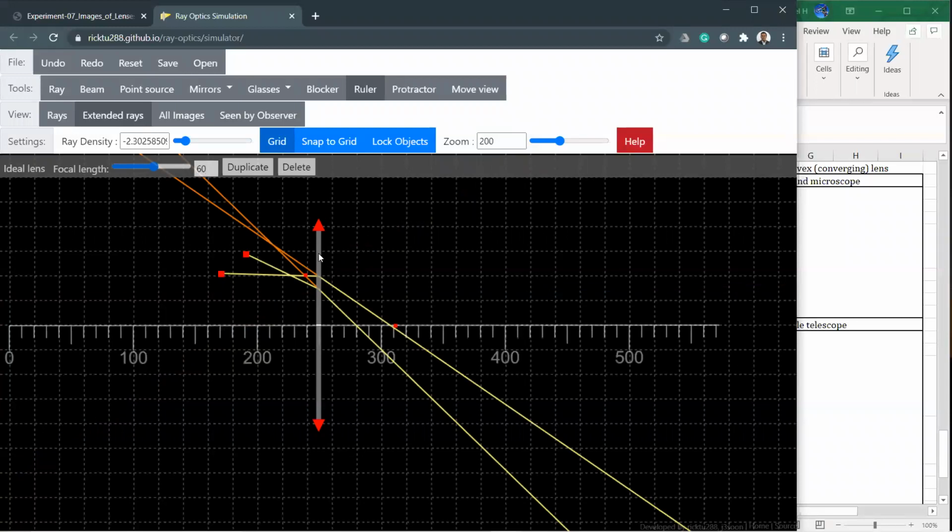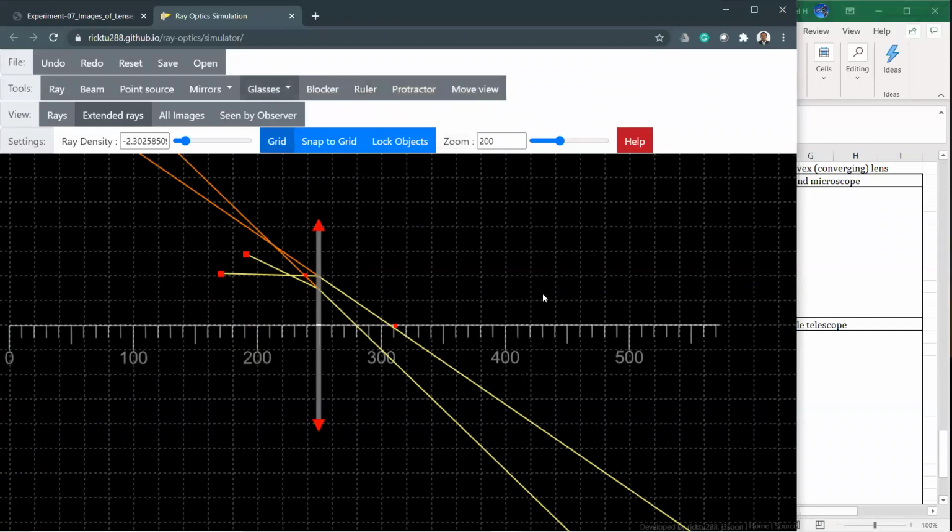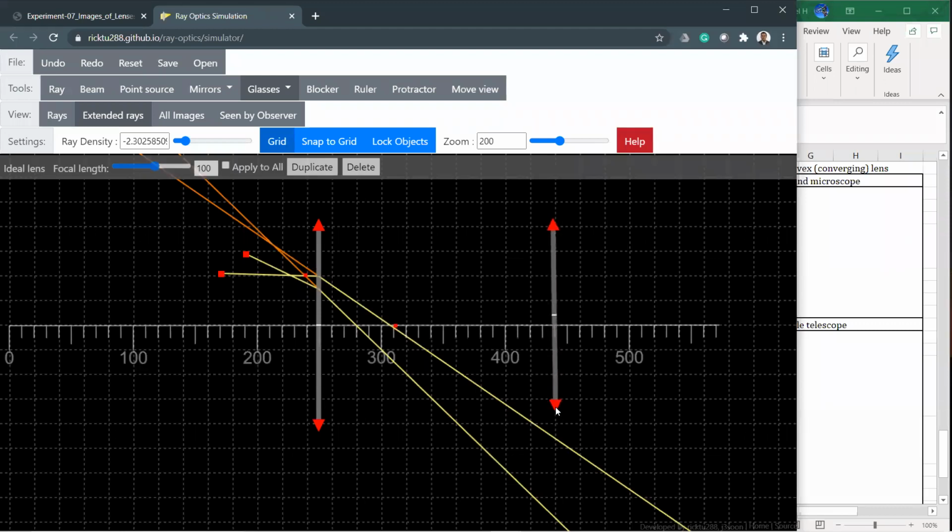This is lens 1. You can draw another lens, go into lens, ideal lens, draw another lens about maybe 11 squares away from the previous lens, and then change the focal point of that lens to maybe 100, 150.